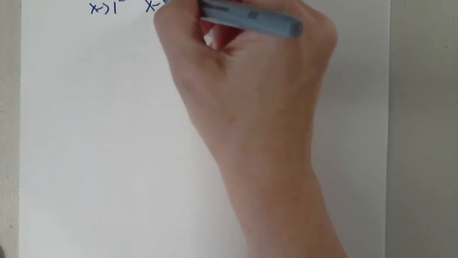So we have the limit as x approaches 1 from the left of 1 over x minus 1. 1 from the left is 0.9. We know that this is 1 divided by 0. We know it has to be either DNE or positive or negative infinity. So these are the infinite limits. So the result is infinity. In this case, it's negative infinity.